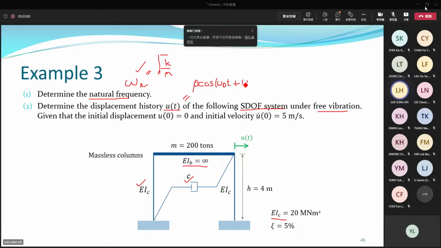Something like this, right? This is the alternative form for free vibration with damping. What you have to do is find those missing parameters, rho, theta, something like that. You can use this solution directly, but you have to find those coefficients. So this one just tests some applications, how to use the equations.